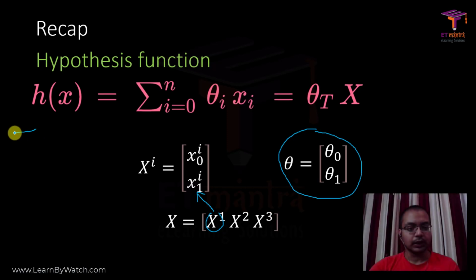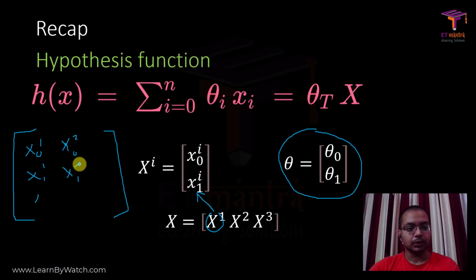So we get this x in 2D format, where this is x0, x1 of the first training example. This is x0, x1 of the second training example and x0, x1 of third training example.